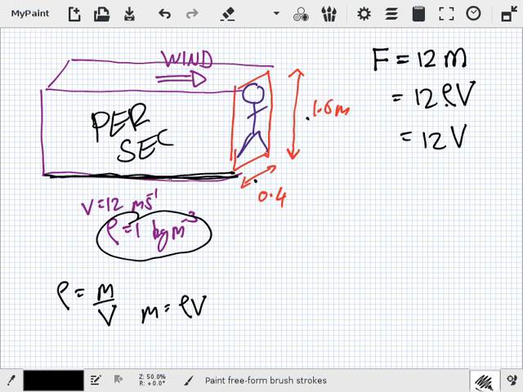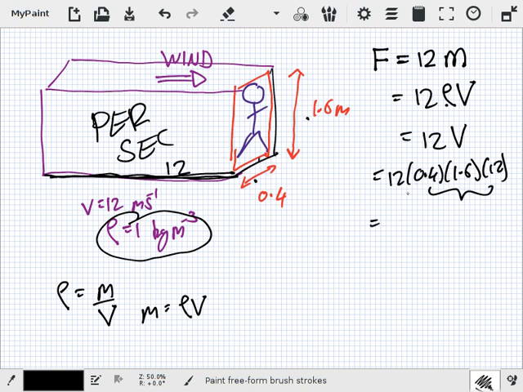More than that. 12, yes, because in each second it moves 12 meters. So there were 12 meters of gas that hit his face. So it's going to be 12 times 0.4 times 1.6 times 12, because these three make the volume, x by y by z.